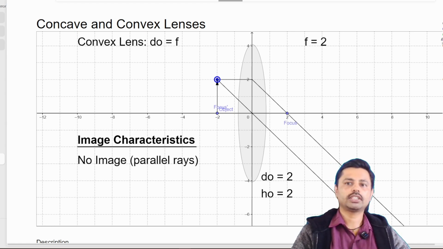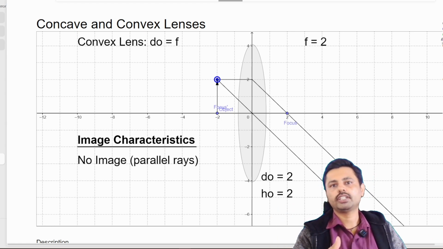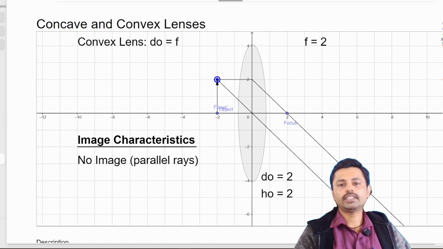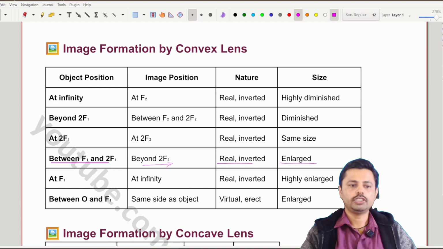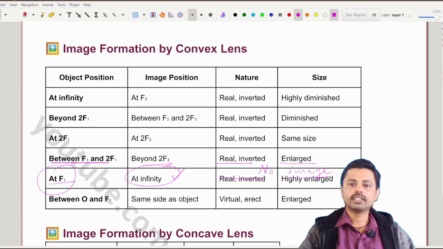Earlier it used to be said that there will be an image at infinity, but since nobody can go to infinity and obtain an image with a screen, now they revised it to no image. So at f of the object, the position of the image is infinity. Here it will come as no image. So that's a new difference you need to keep in mind.